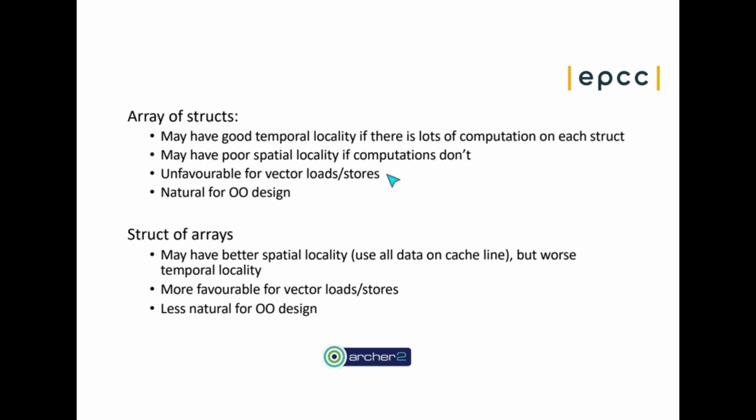It's typically not, okay, this doesn't favor vectorization because you're not accessing contiguous memory addresses, or you're not accessing contiguous data in a loop. And of course, if you're in OO design, it's a very natural thing to do. It's a very nice software engineering convenience.